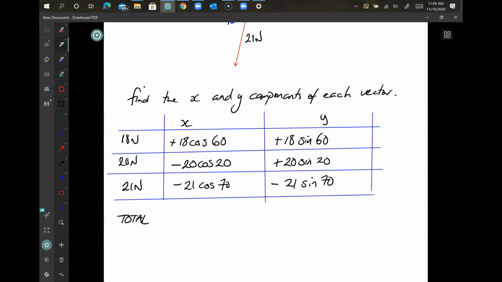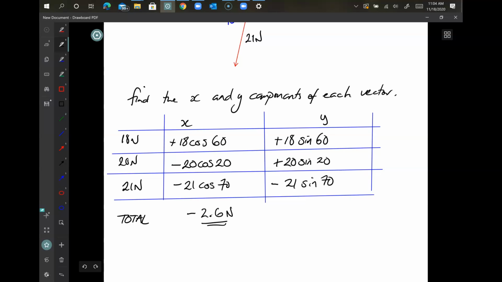And then I also want to subtract 21 cosine 70. So I've got 9 minus 20 cosine 20 minus 21 cosine 70.